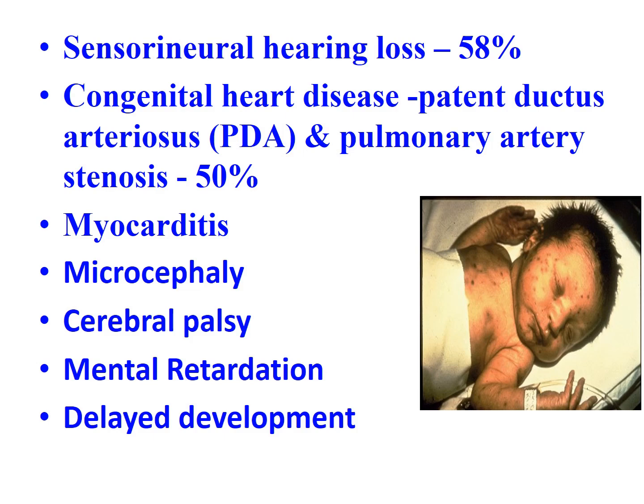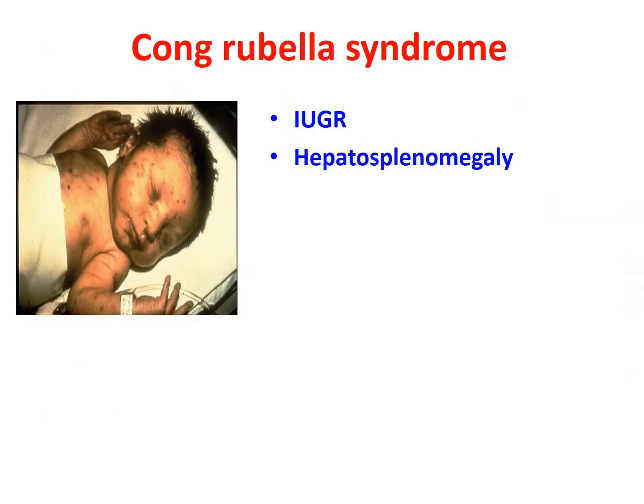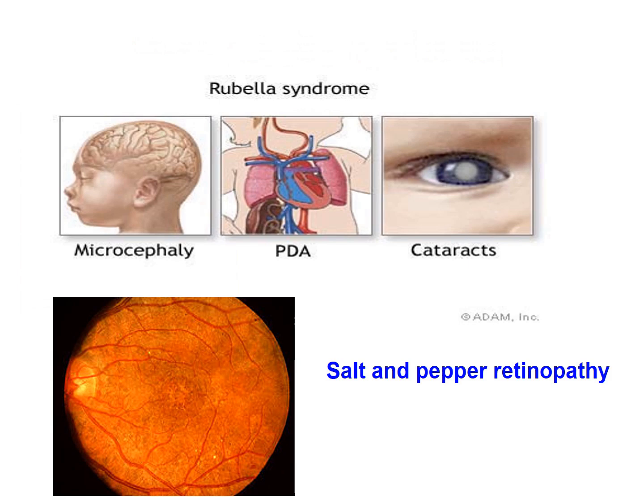Other features are myocarditis, microcephaly, cerebral palsy later in life, mental retardation, and delayed milestones. The baby is born low birth weight, that is IUGR, intrauterine growth restriction, and may have hepatosplenomegaly. So these are the various organ involvements.